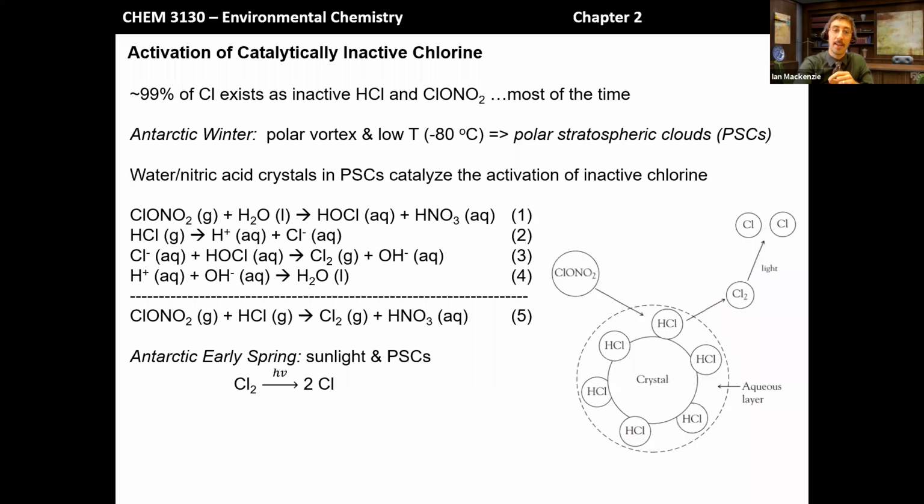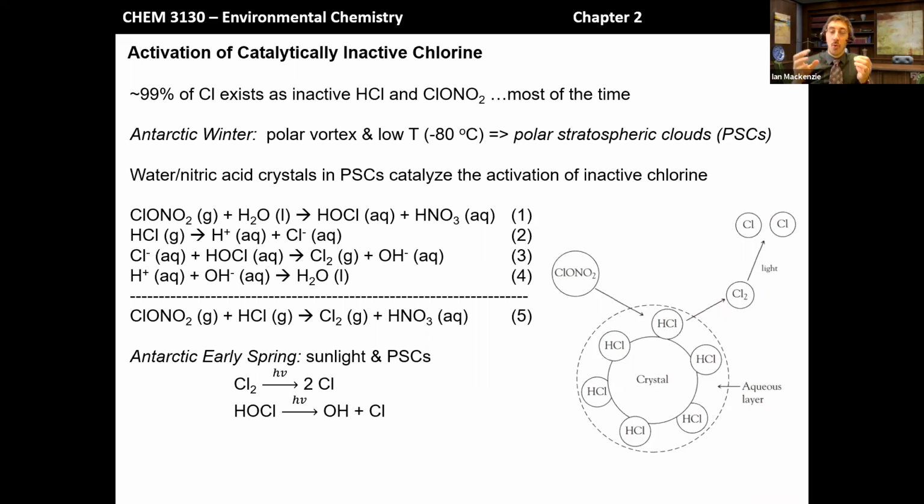But the sunlight now dissociates the molecular chlorine into two equivalents of atomic chlorine. And then that atomic chlorine is able to go on and act as an ozone destructive agent. Also, any of the hypochlorous acid that happens to be released from the particle is also dissociated by sunlight to generate an equivalent of atomic chlorine.